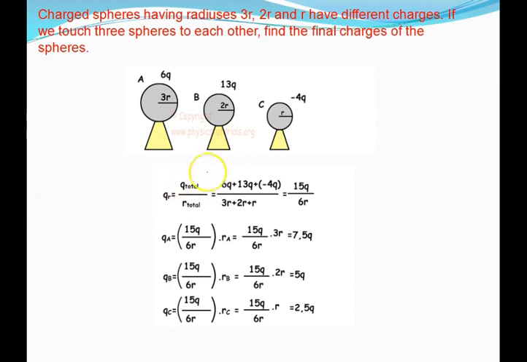One thing I want to tell you very clearly here. Suppose these are identical bodies, body A, body B and body C. Identical means they are of the same material and same size or design. Of course here size is different, as visible in the numerical. If bodies are identical, then charge will be equally distributed when you bring them in contact.